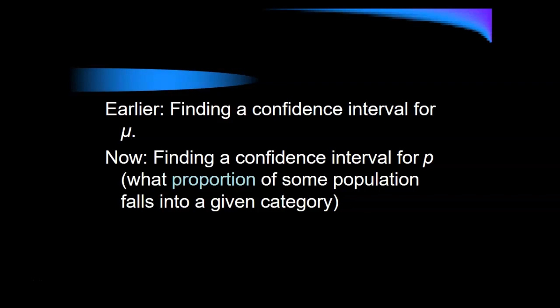But now we're going to talk about confidence intervals when you're trying to estimate a proportion or a percentage, like what percentage of all American voters support a certain candidate, or what proportion of all cola drinkers prefer Coke to Pepsi, or what percentage of all Lincoln College students own a yo-yo.